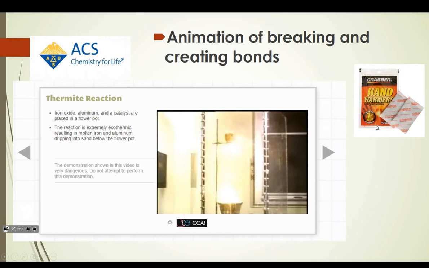Okay. And why does it work? Good, because right now it's sealed. The minute I open it up, it starts to come in contact with oxygen. But if I just let it sit there, the only one that comes in contact with oxygen is on the outside. So that's why they tell you to shake it and play with it, to get it to work, so that more oxygen comes in contact with that.